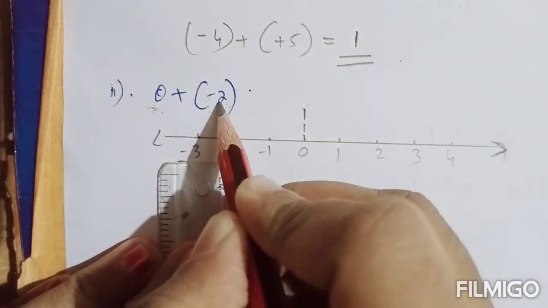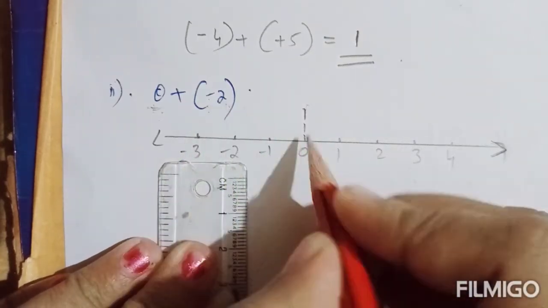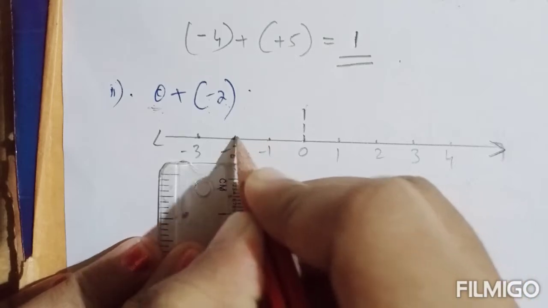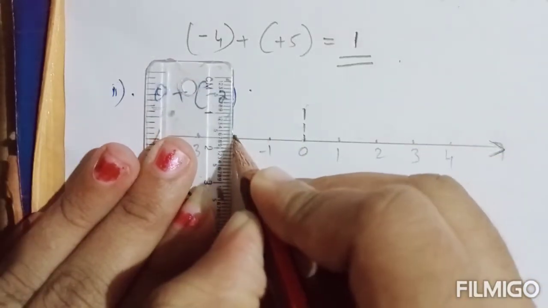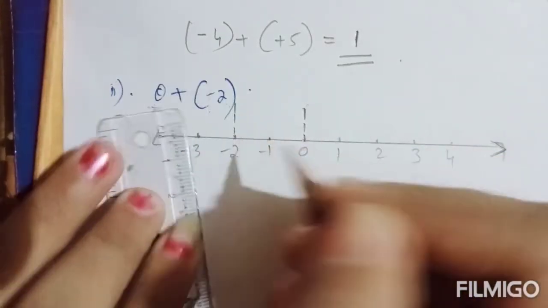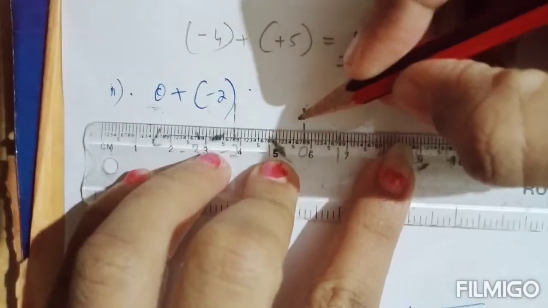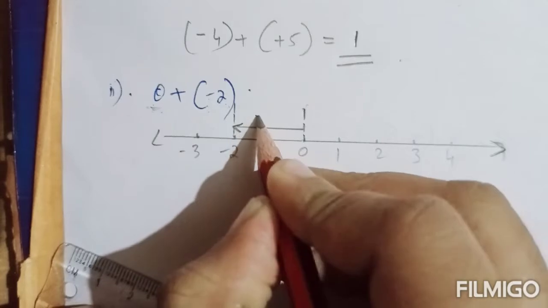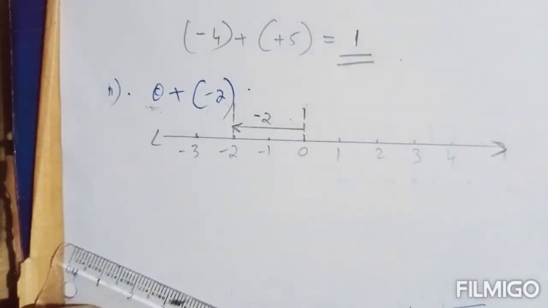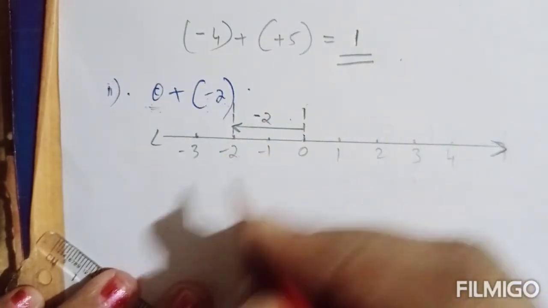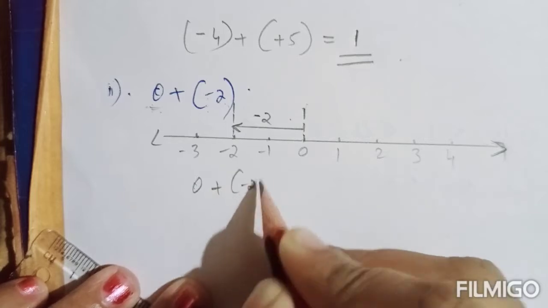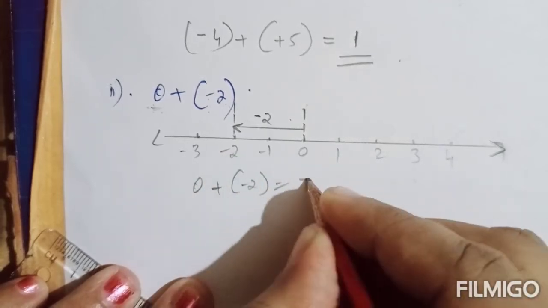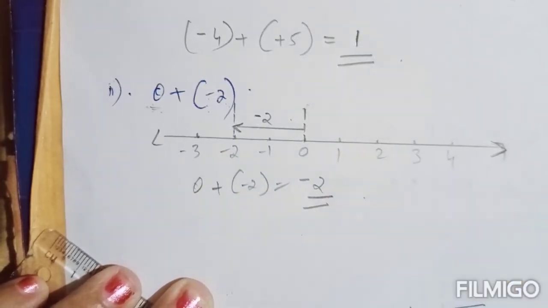Move 2 units to the left of 0. So this is 0, this is 1, 2. You will reach at minus 2. Okay. Now you can draw an arrow towards the left and mark minus 2. Okay. So the answer is 0 plus minus 2. Where do we reach? We reach at minus 2. So this is the answer.